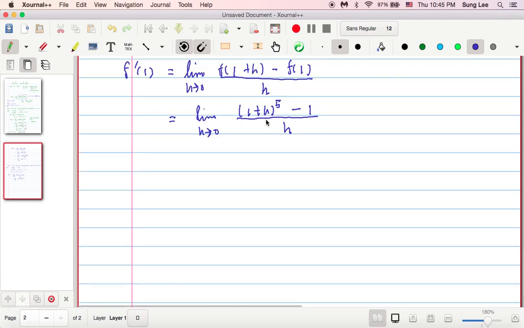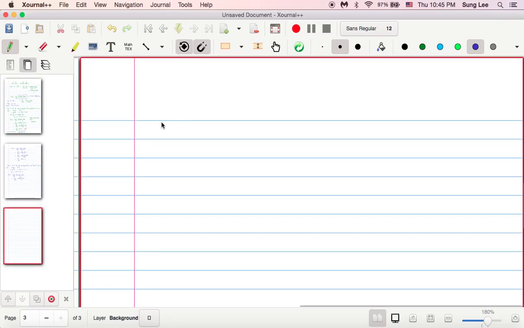Before we continue here, I'm going to talk about something, maybe on a separate page. There's a thing called Pascal's triangle.